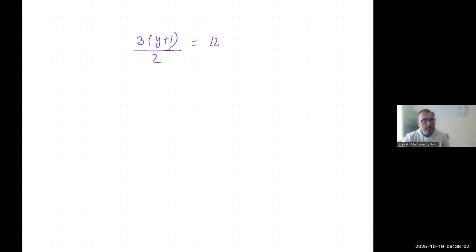Now 2 is dividing the whole expression on the left-hand side. So I need to multiply 2 on both the sides. So I can say 2, and within my whole bracket, I can say 3, and I put another bracket in. I will just write it as is.